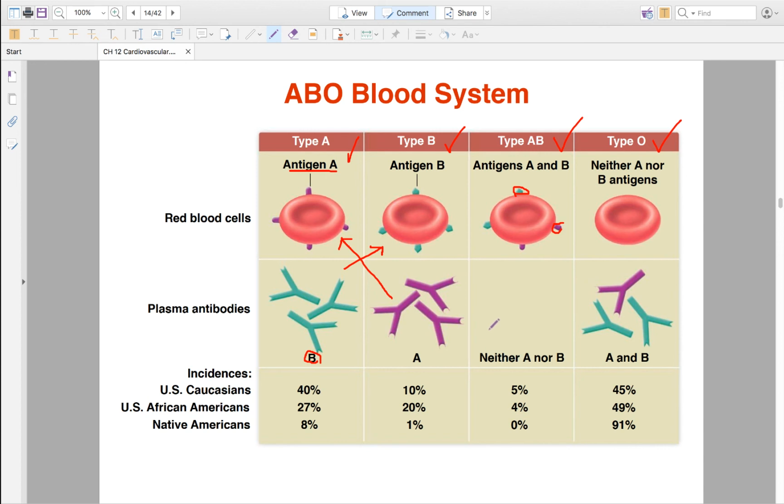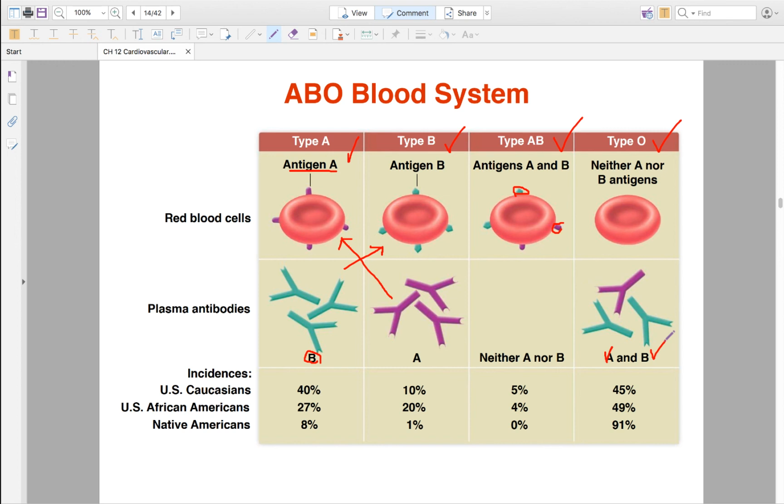So they have neither A nor B antibodies. People with blood type O have no antigens on the blood cell, and their body indeed makes both antibodies A and B.